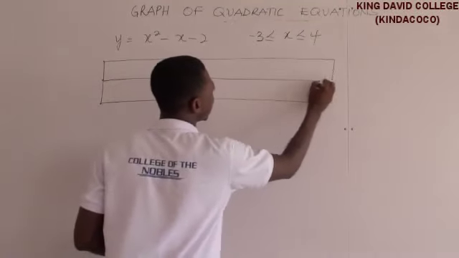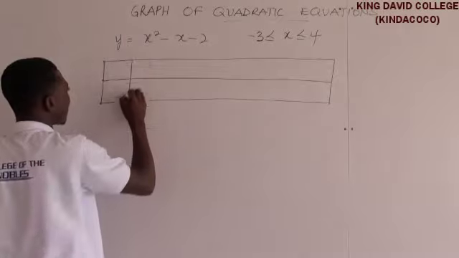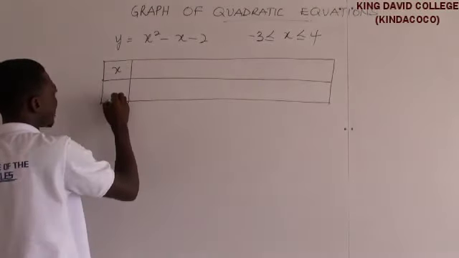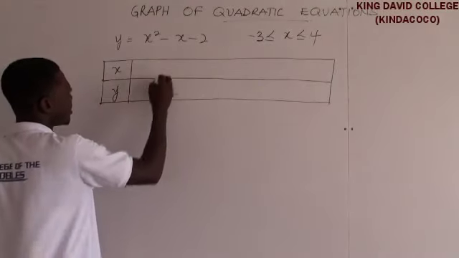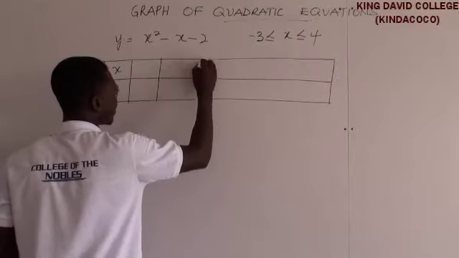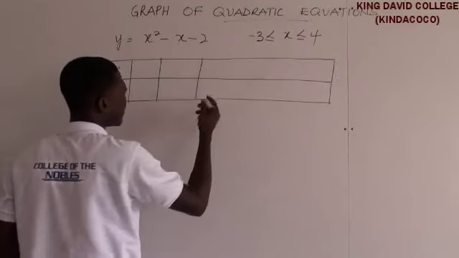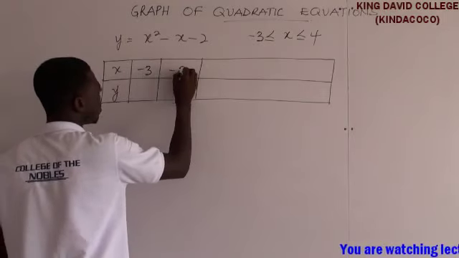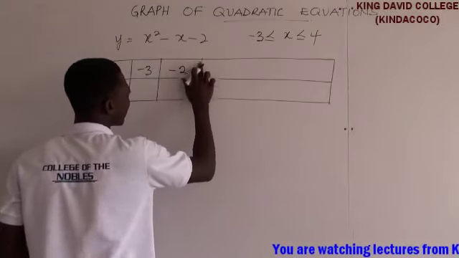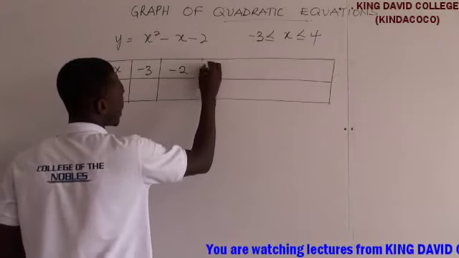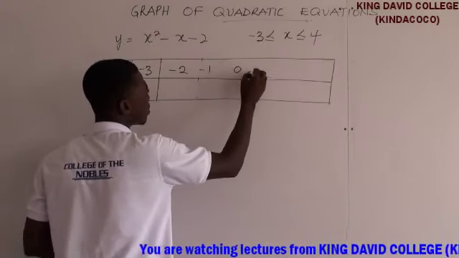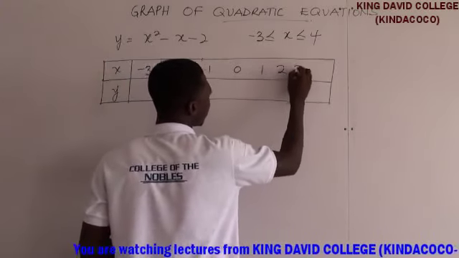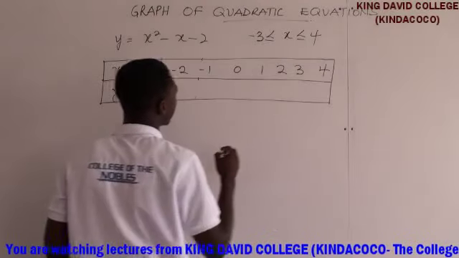So just nicely draw your table. We have our x value and then our y value. Do the divisions by the domain. So -3, -2, -1, 0, 1, 2, 3, and then 4.